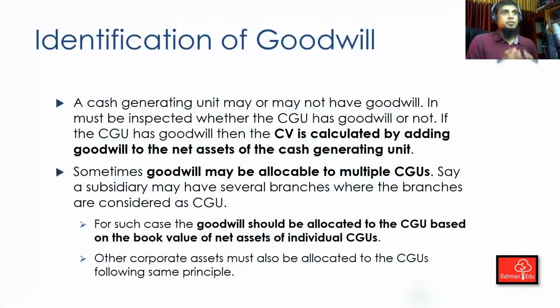Well, what are the further implications for a cash generating unit? Sometimes a cash generating unit may have some goodwill, or maybe not. So when we are assessing the carrying value of the cash generating unit, this carrying value should include the goodwill or allocated goodwill. The carrying value should also include allocated corporate assets.